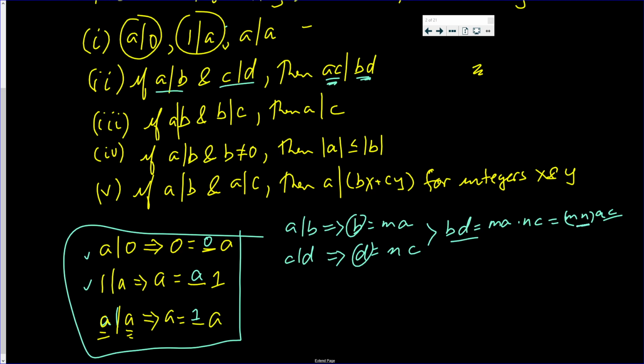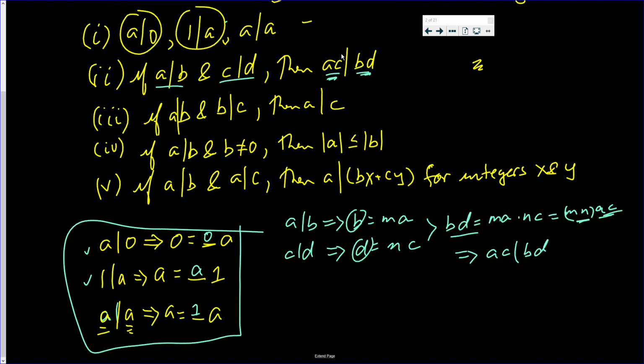So bd is an integer multiple of ac. That implies that ac divides bd. And of course it does. a divides b means that a goes into b m times, according to this equation. And if c divides d, that means c goes into d n times.